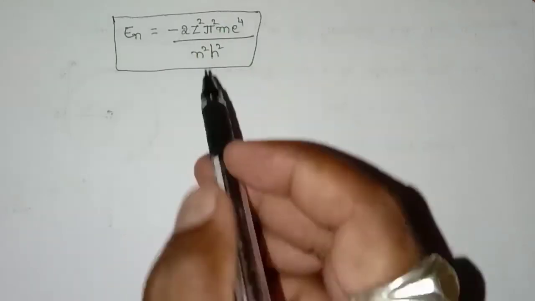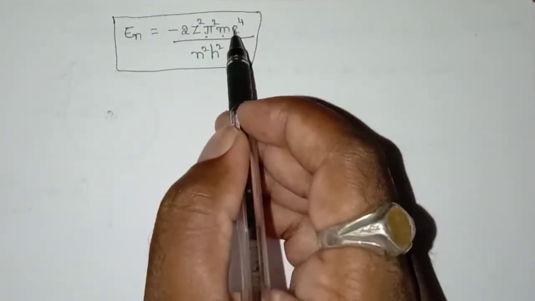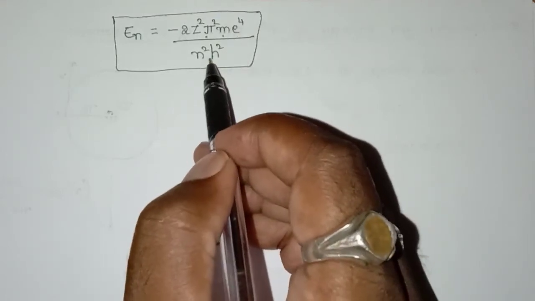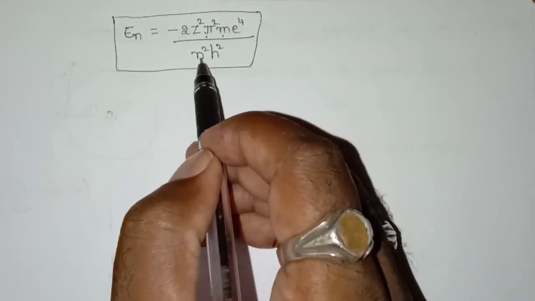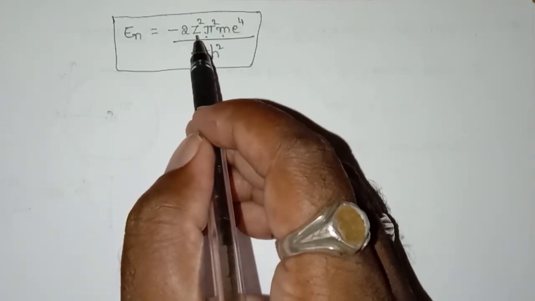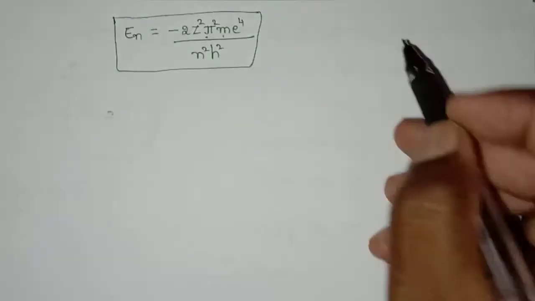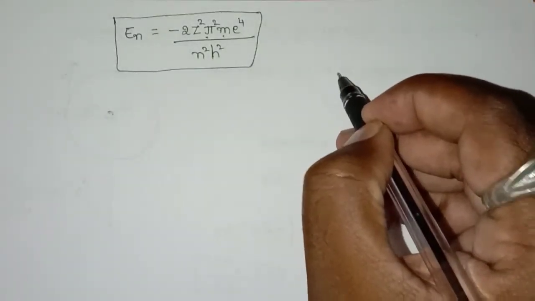But here π is a constant, m is the mass of the electron, e is the charge on the electron, and h is Planck's constant, n is the shell number in which the electron is present, and Z is the atomic number of the atom.